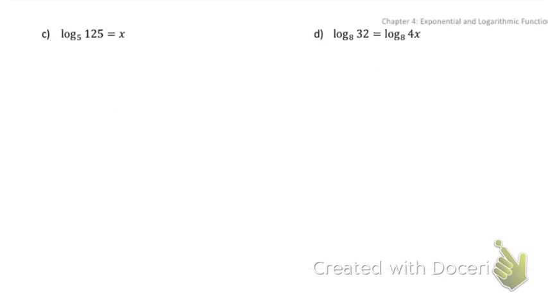All right, two more. Same type of deal here. I need to get rid of this log base 5, so I notice it's base 5. So I'm going to have a base 5 for my exponent. So I'll have 5 raised to the log base 5 of x equals 125, and do the same thing on the other side, 5 raised to the 125... Actually, 5 raised to the log base 5 of 125, and 5 raised to the x.